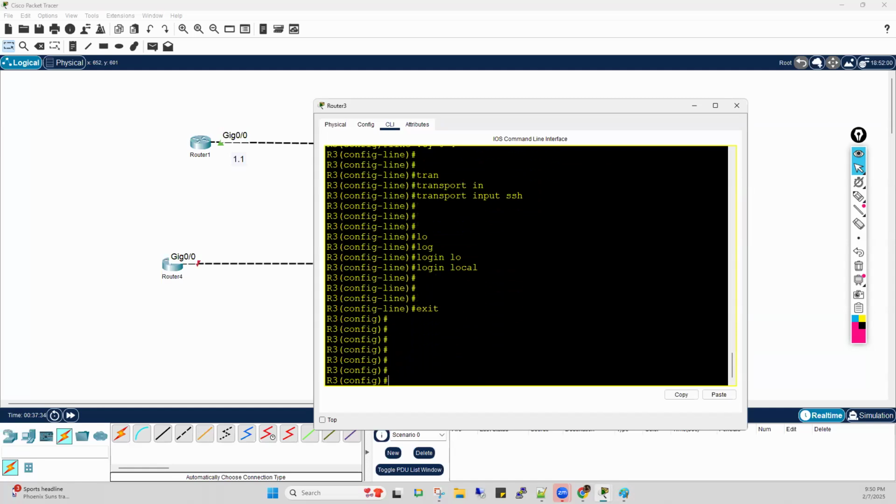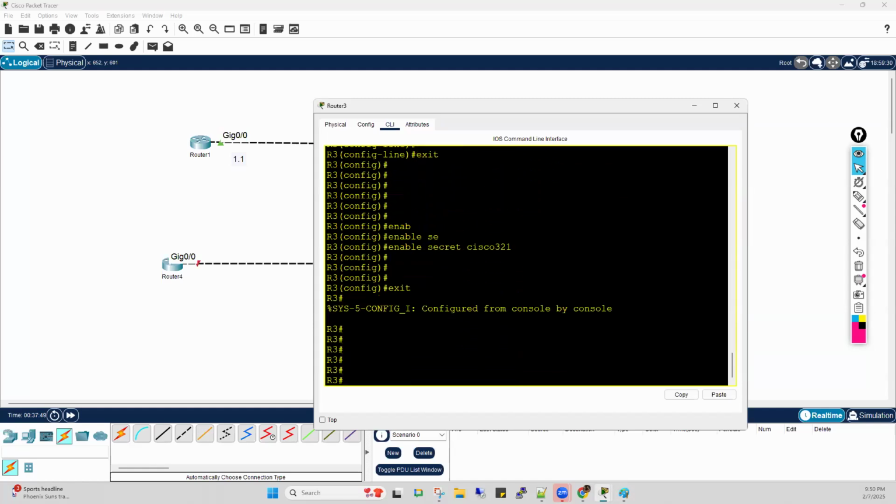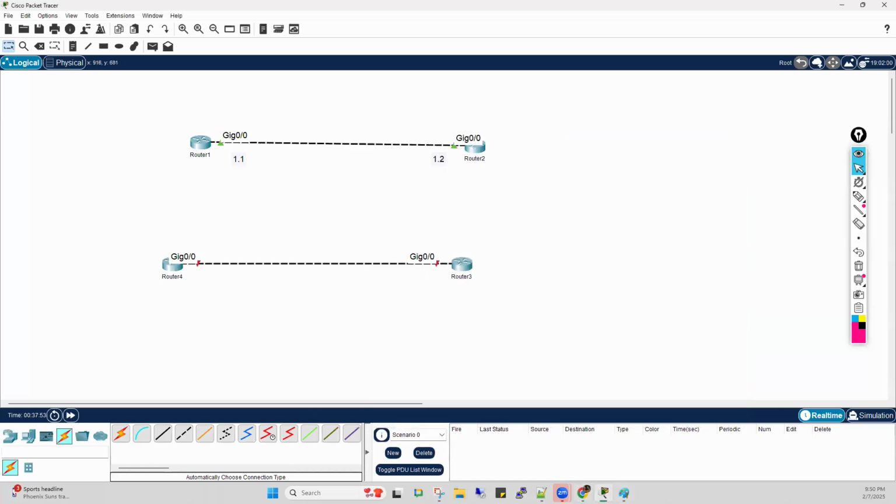And if you want to set the enable secret, same command: enable secret Cisco123, or for example we already set 321. That's it. We set and exit. That's all. These are all the commands which we configured on router number 3. Done. Everyone, yes or no?